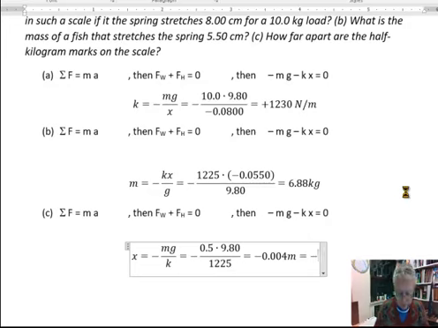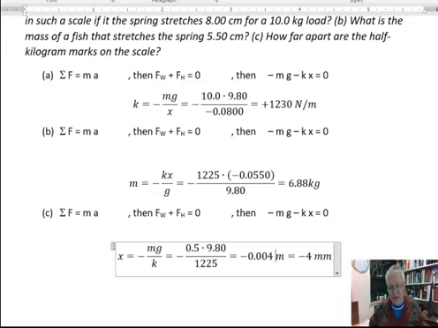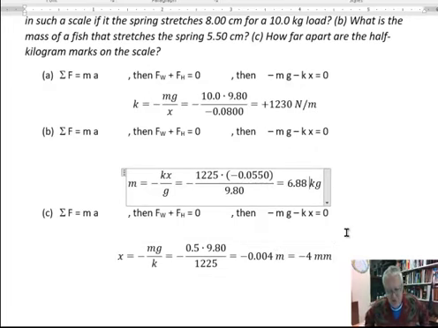So 0.004 meters, or if I want to put it into something that we can better look at, 4 millimeters. The negative makes sense here because it's stretching down. The 4 millimeters is really small for the half kilogram, so it doesn't stretch much for half a kilogram already, and that's why I'm saying that the significant figures for the previous result, the 6.88 kilograms, are just too accurate.